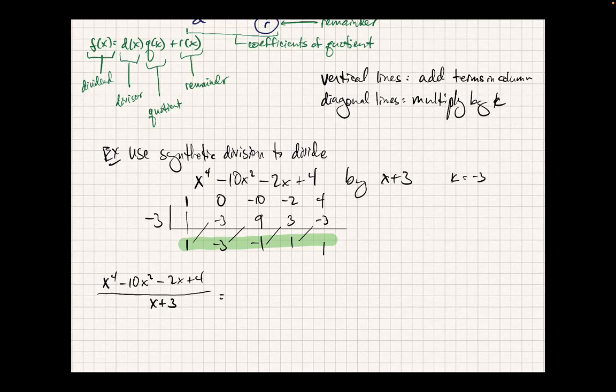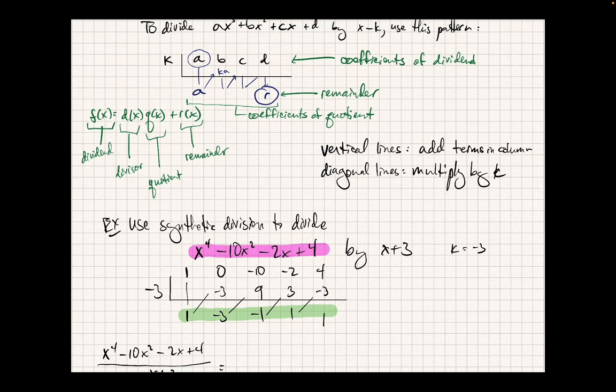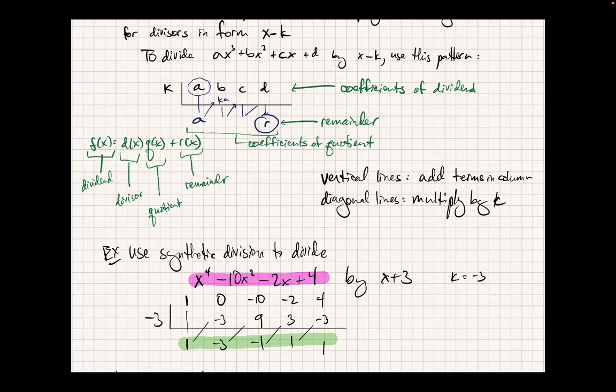Let's really think about this. So my 1 corresponds to the x to the fourth. I started off this problem with an x to the fourth polynomial, and then I divided it by x minus k.